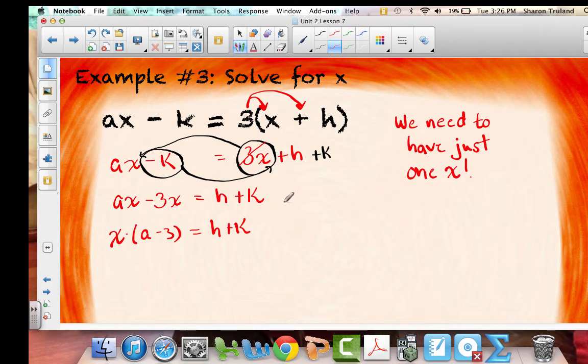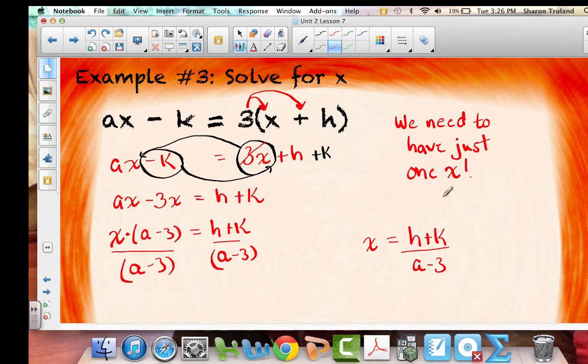Now, how do I get that x alone? Well, that a minus 3 is holding on to the x, as you can see, by multiplication. So finally now, I can divide by a minus 3 both sides, and that was a lot of work. The x value, when solved for, is h plus k over a minus 3. Yep, this is a lot of work.